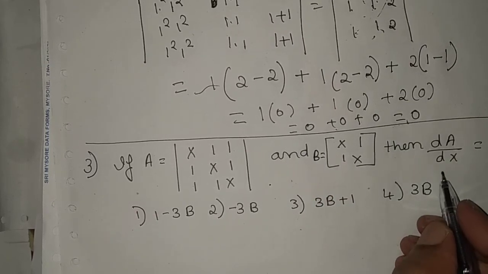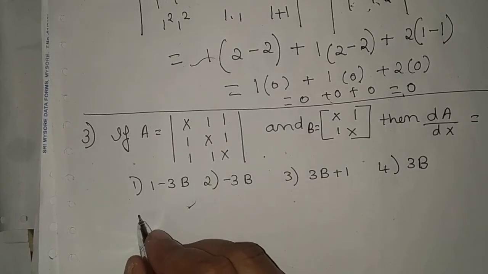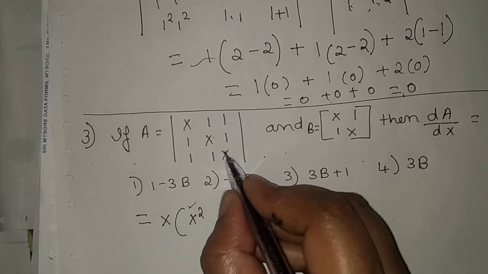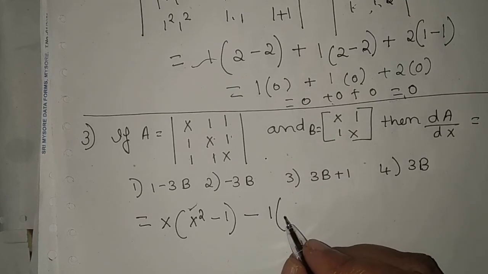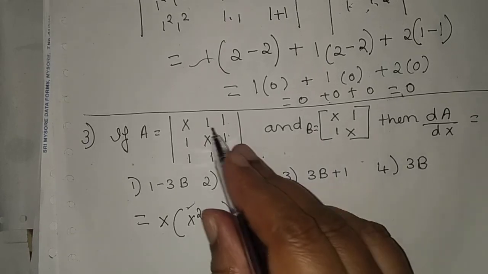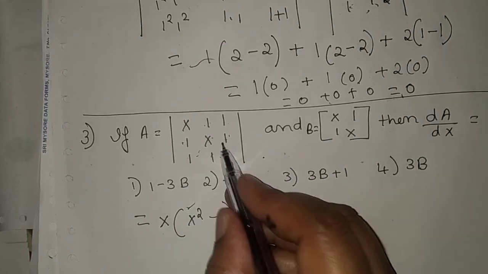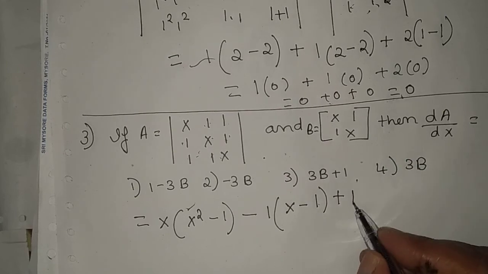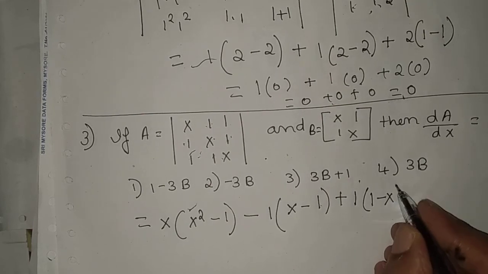We have to find out dA by dx. Therefore first step here is, just take this matrix, this determinant, and just find out x into x square, 1 into 1 minus, then minus of 1, minus of 1, then this one write 1, then x into this one, x into 1, x minus 1 into 1, 1 plus next is 1, we write 1, then 1 into 1, 1 minus 1 into x is x.